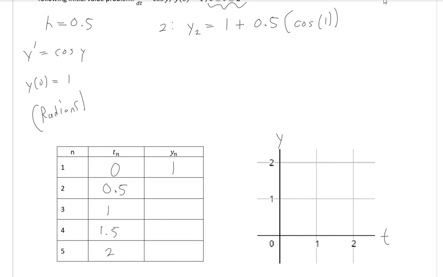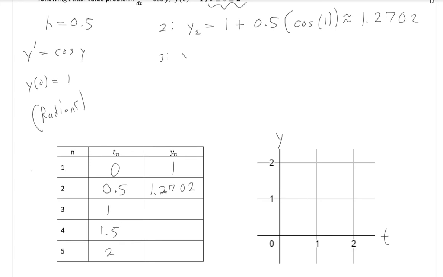So if we assume this is in radians, we can calculate this appropriately. 1 plus 0.5 times cosine of 1. If you do that in your calculator in radians, you'll get 1.2702 approximately. I'm going to round all these to 4 decimal places. Why not? Try to keep as much accuracy as you can, I guess.